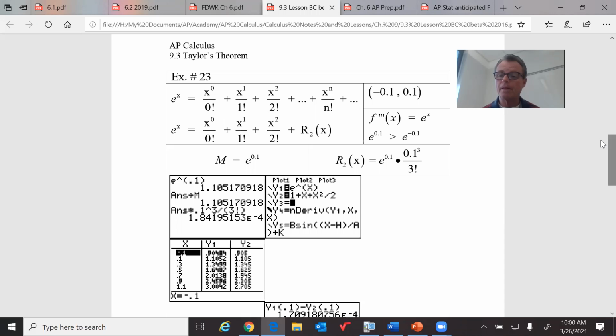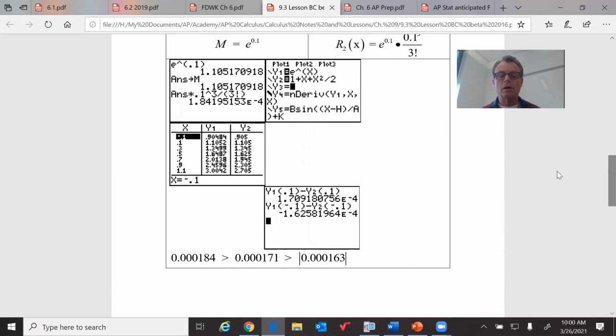Then what? Well, I say, well, what's y1, which is the function, take away y2? That at 1/10, what is it at -1/10? These values. And what are you noticing? The error bound, this number, is greater than the error at 1/10, and it's greater than the absolute value of the error at -1/10. The point is, you wouldn't do this. You wouldn't check it, because if you checked it, you know the exact error. But the error bound is telling you it's got to be larger than the error in that interval.